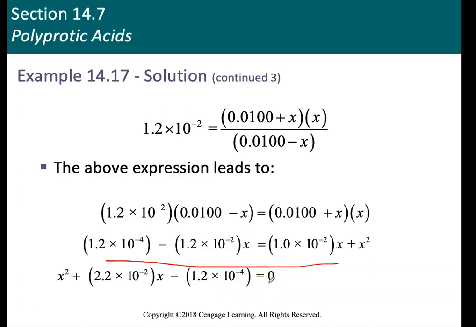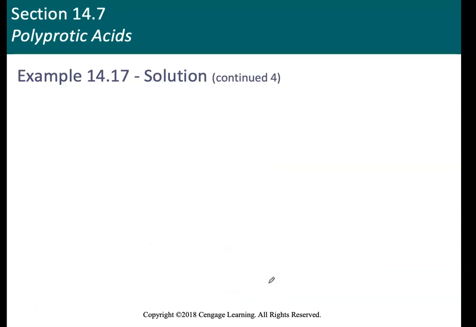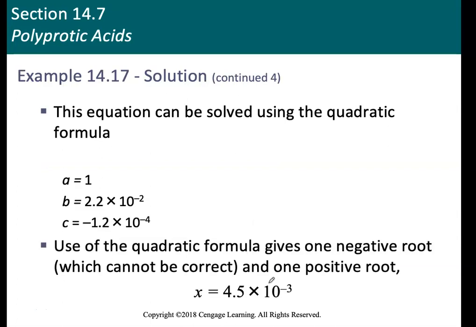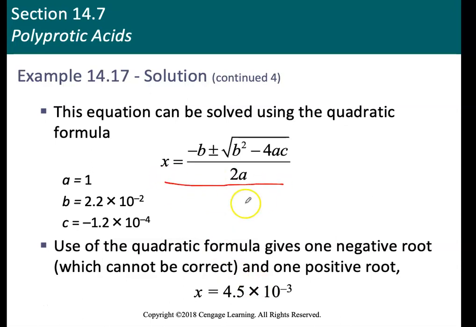So here we have the quadratic equation, and then we can solve it. How do we solve a quadratic equation? Okay, let me give you the formula. You should know this. That is the formula for a quadratic solution: x is equal to minus b plus or minus the square root of b squared minus 4ac, over 2a. The values of a, b, and c are from the coefficients in that quadratic function.